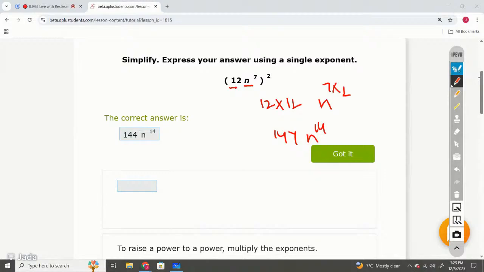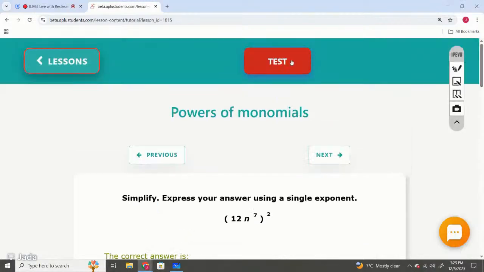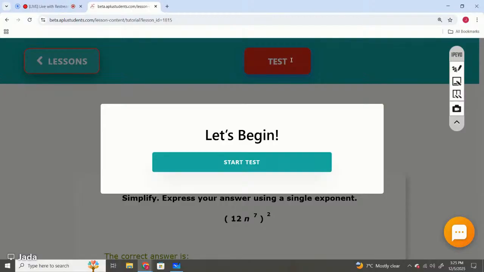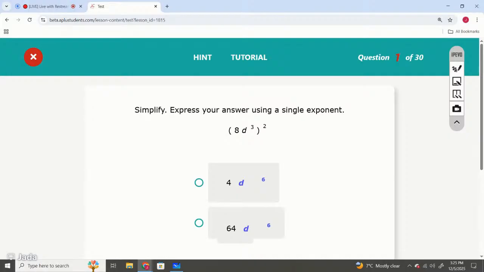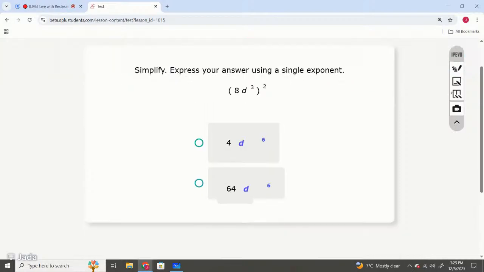Okay, let's just start with the test questions. Okay, 8d cube square.